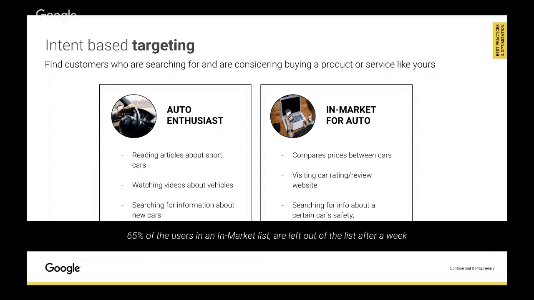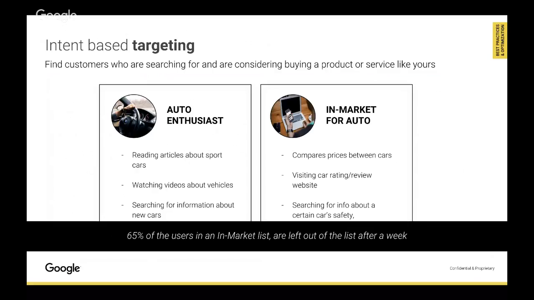So I think the simple answer to that is that the in-market audiences will have a higher intent signal. So auto affinity will be people who read articles about sports cars or watch videos about cars. But in-market audiences for auto would be the people who compare prices between different car models, or who search for specific car features such as the car's safety.